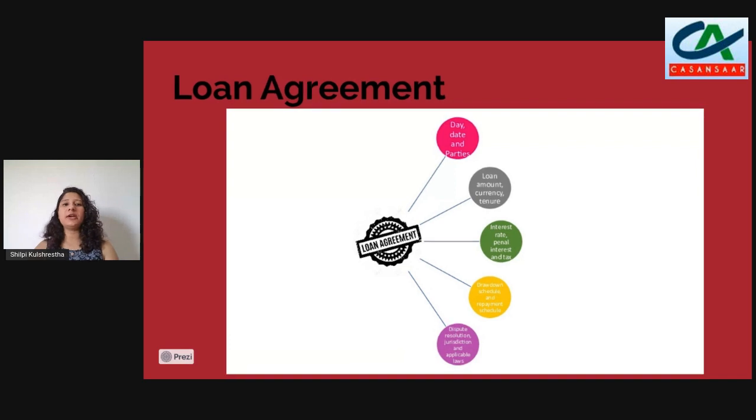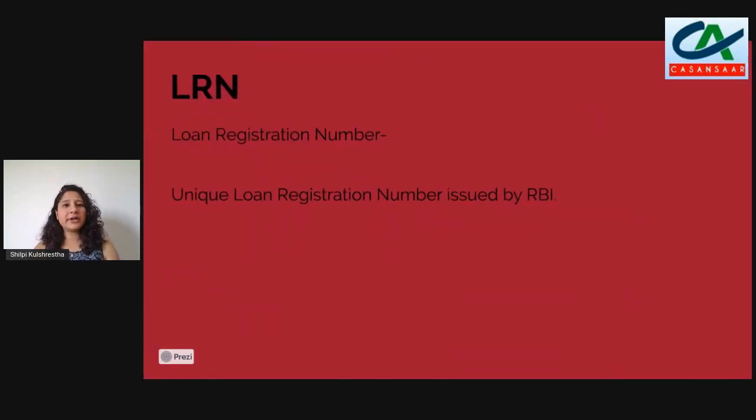Now let's move forward. Another is, I've already discussed it, LRN, the loan registration number. This is a unique registration number which the RBI allots for each and every ECB application which has been processed and accepted by the RBI. And what is important, as and when you do any correspondence with the RBI with regard to that particular ECB, external commercial borrowing, it's important to mention this unique loan registration number issued by the RBI on all the correspondence, right?